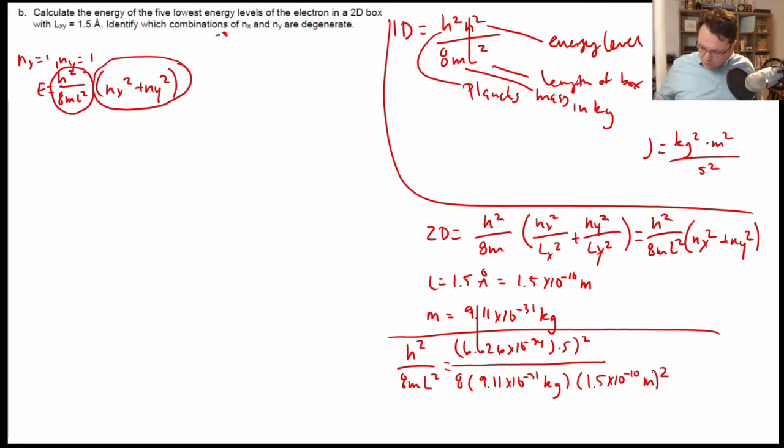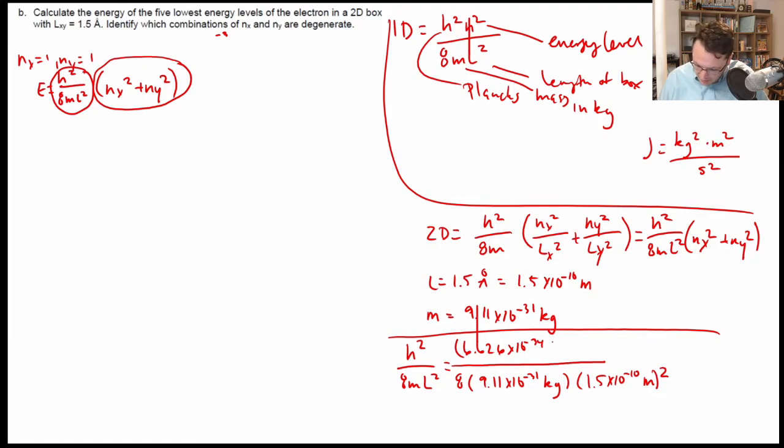And just for my own sanity, I'm going to convert that joules into the SI unit so that I can make sure things cancel out properly, and then we end up with everything the way that we want it.